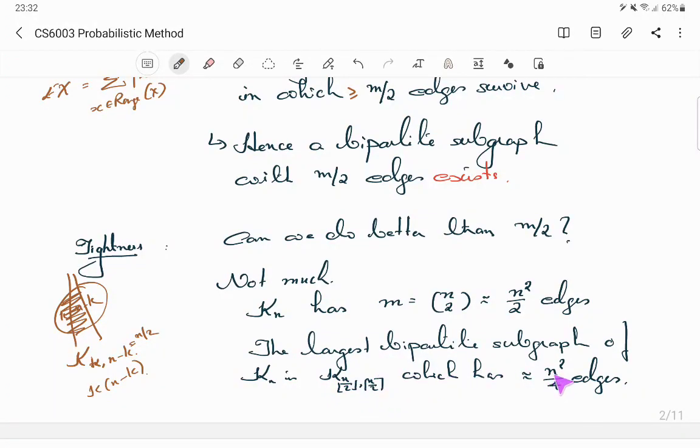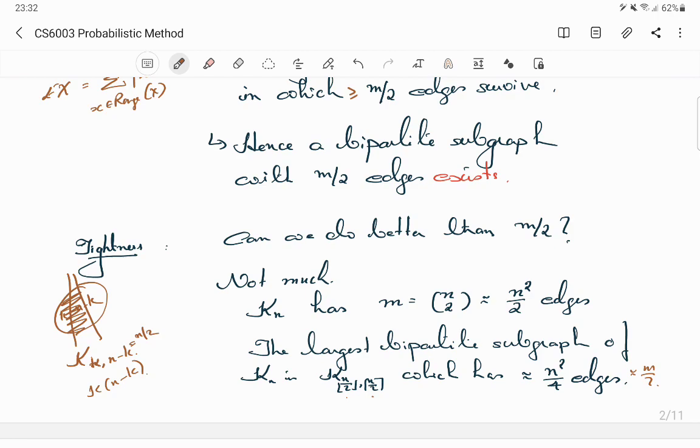What is the approximate number of edges here? It's this times this, which is approximately n squared over 4. See that this is approximately m by 2. So this m by 2 is not far from tight. Our probabilistic method in the first example that we see in this course is quite tight also.